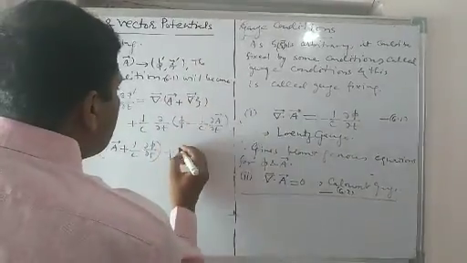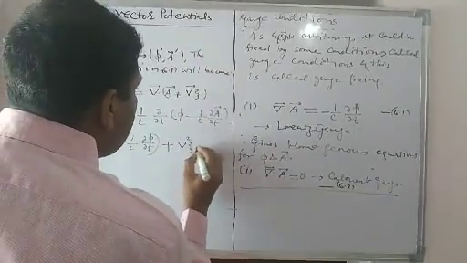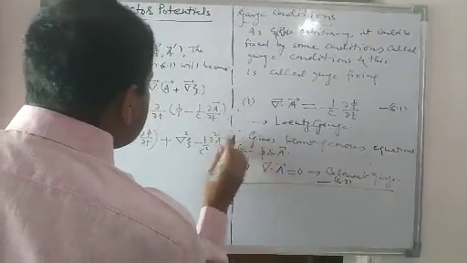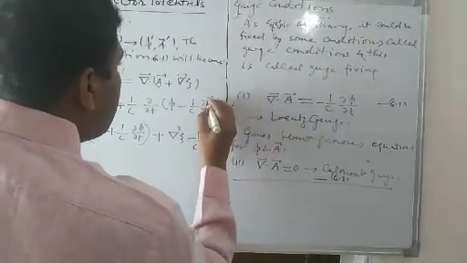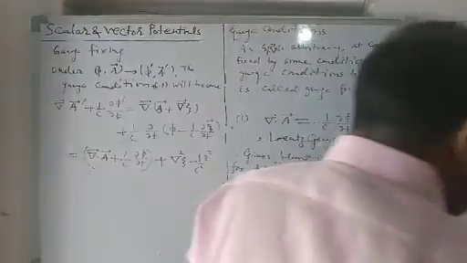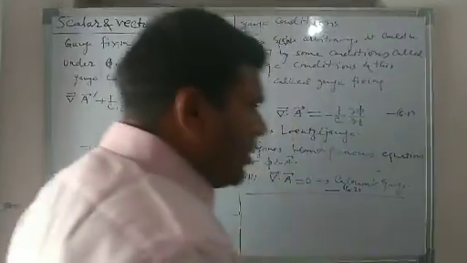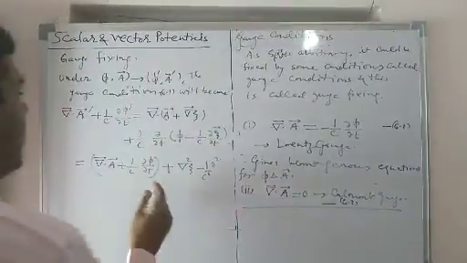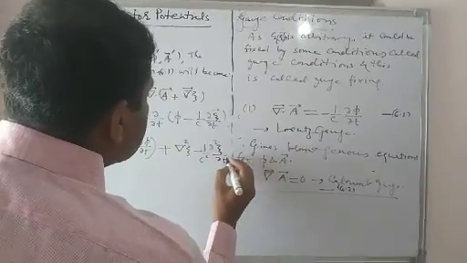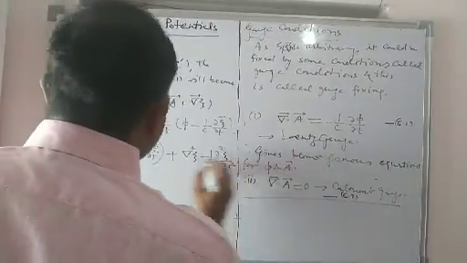So we will have del dot del xi, that is del squared xi, minus 1 over c squared del squared xi by del t squared. So we get del dot A plus 1 over c del phi by del t plus this.